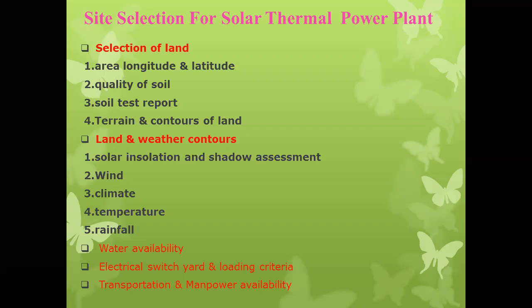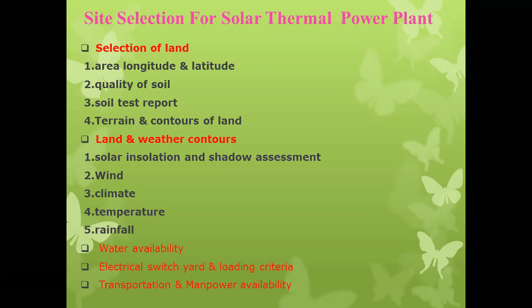Soil test report means which type of soil is available in that area, we have to consider, because in the summer season, because of the sunlight and solar radiation, that soil will get converted into dust particles. Dust particles are very hazardous to us. So that type of report should be done.